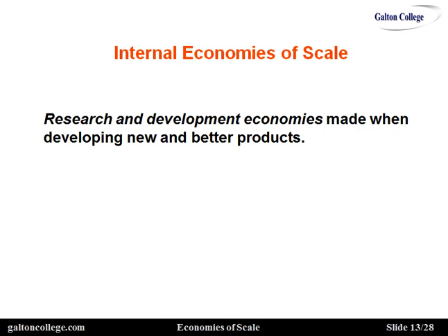It may yield results or it may not. But if there's a specialist department, good personnel, and good equipment, there's a better chance of getting good results. Larger organizations are better at research and development. And these are all internal economies of scale.